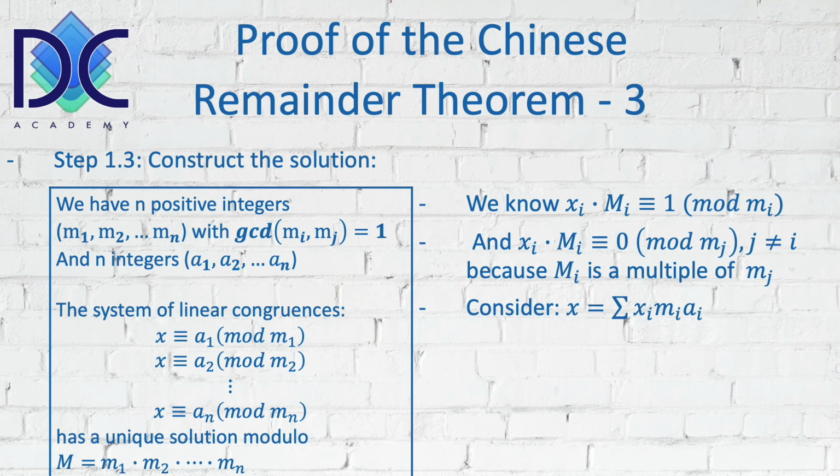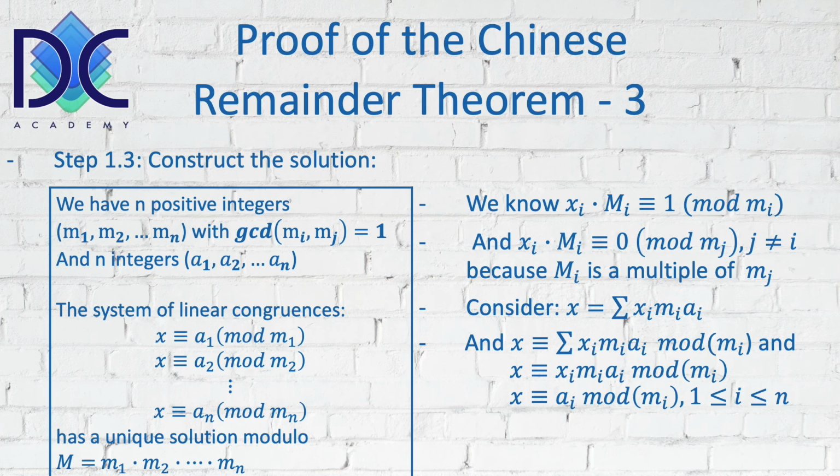Now, what we can consider is that x is a linear combination of xi, Mi, and ai. The ai are the coefficients of the linear congruences, the mi are the moduli, and the xi are those inverses of capital Mi. Now we can say that x is congruent with that sum modulus mi, and all the elements where i is not equal to j are equal to 0.